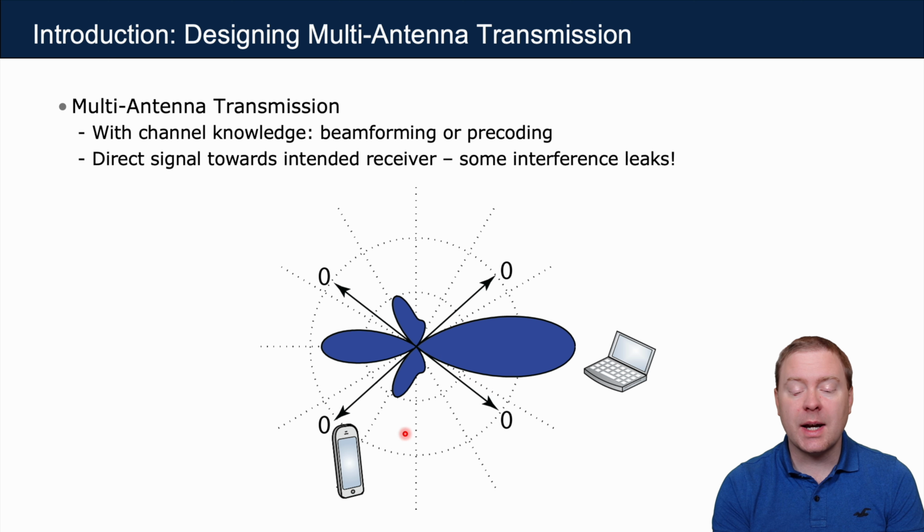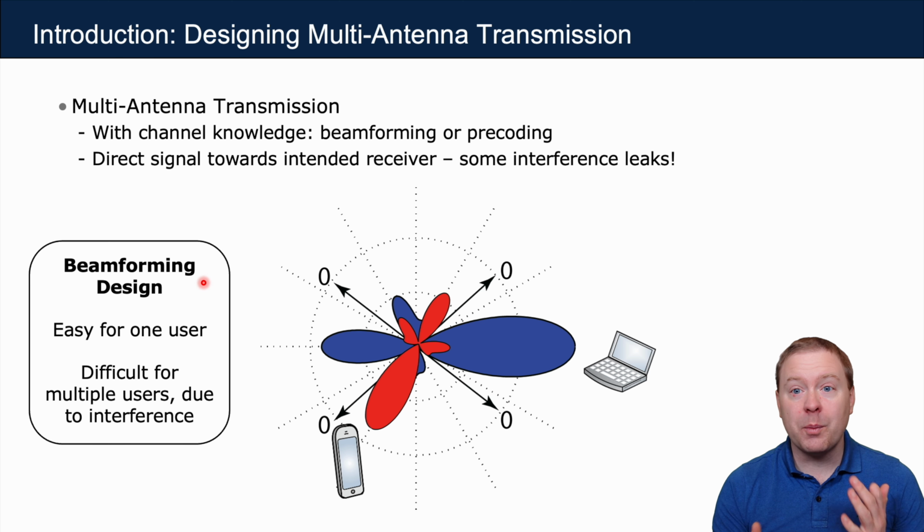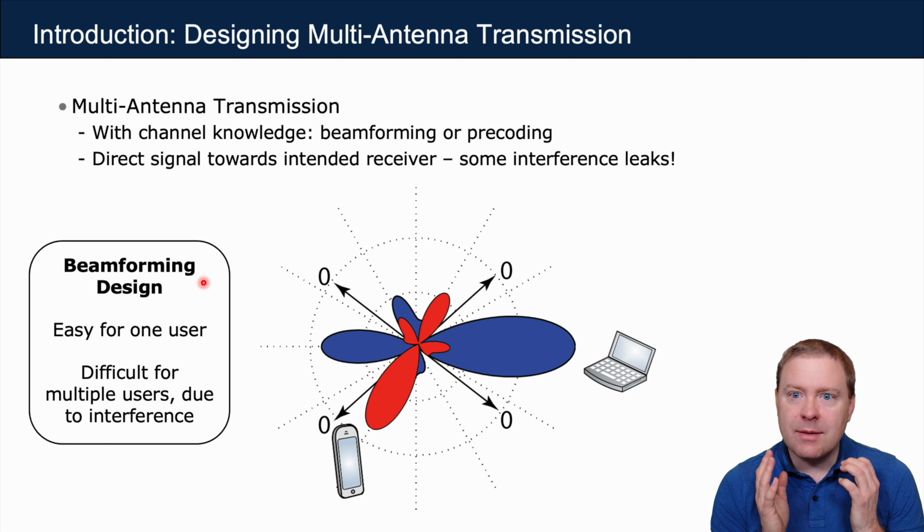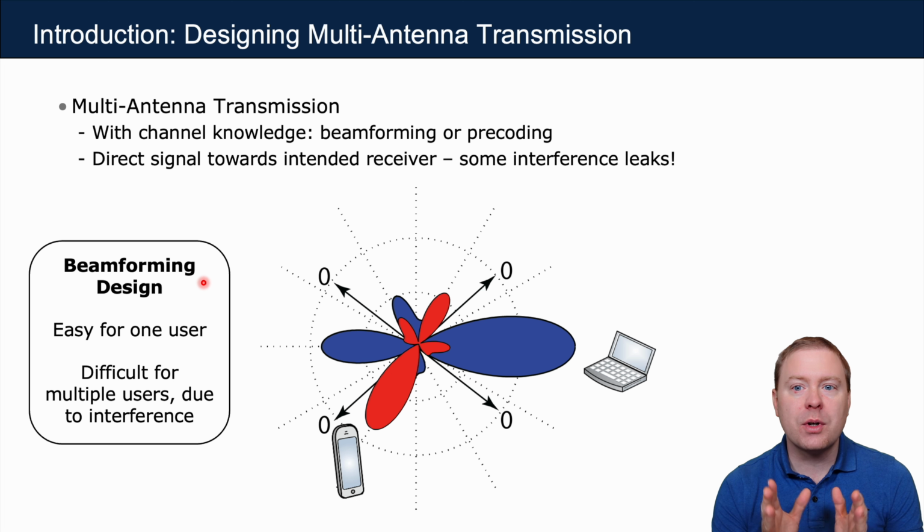And when we are designing a beam towards that user, say the red one here, well, then there will be some part of its signal that is leaking towards the original user. So this is creating the beamforming design problem, which is easy for one user because you just want to point the beam towards that user to give it the maximum amount of power. But it's difficult when you have multiple users because of the interference that we are creating between the users and would like to control. This is a challenge already in a single cell case with one transmitter with multiple antennas.